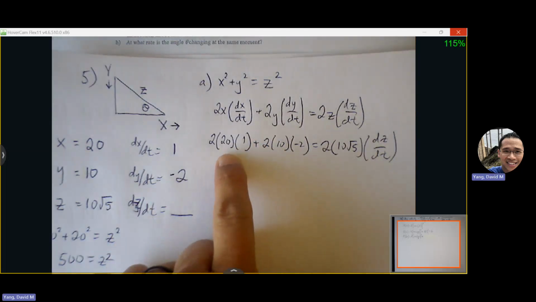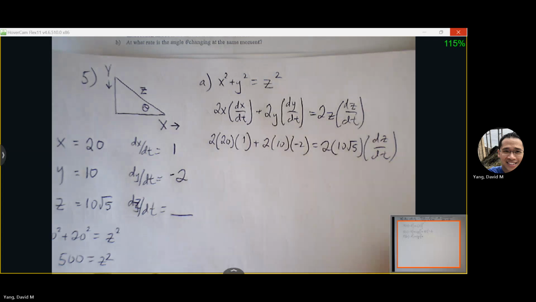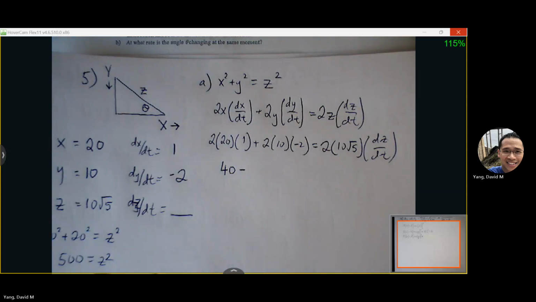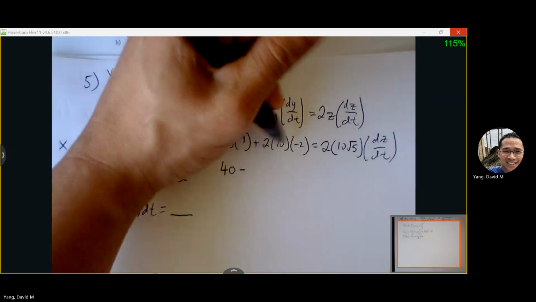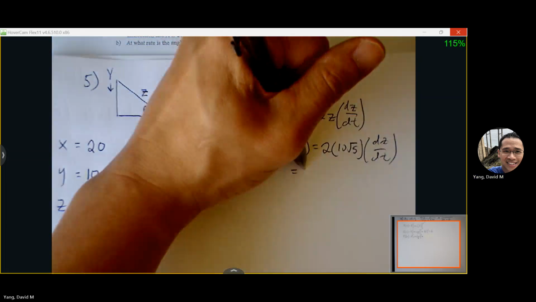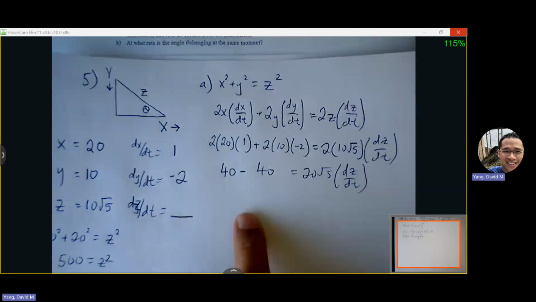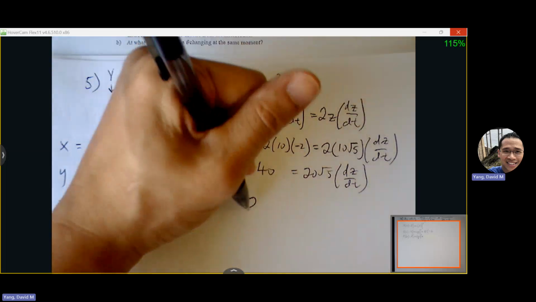We get 40. So this ends up being 0. 0 over 20 root 5 is still going to be 0.